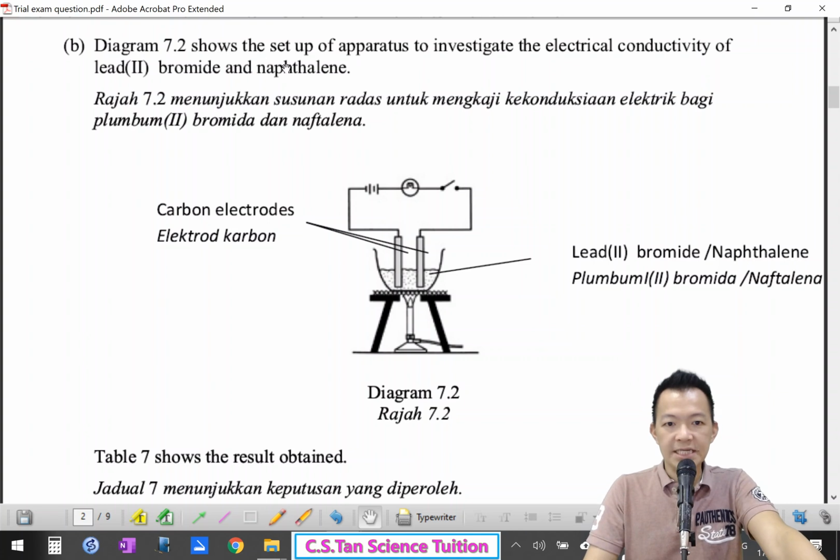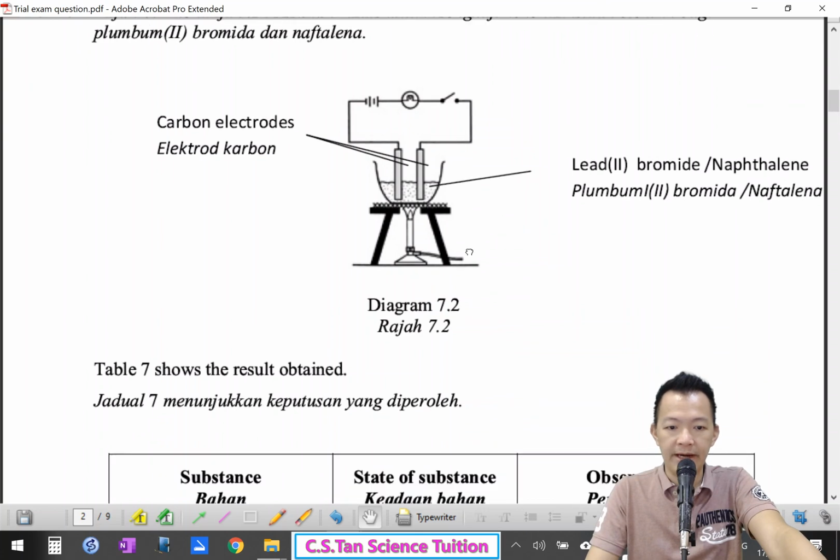Diagram 7.2 show the setup of the apparatus to study the electrical conductivity of lead bromide and naphthalene. Okay, lead bromide ionic compound, naphthalene, this is covalent compound. Okay, so I want to compare the electric conductivity for both of the compound.